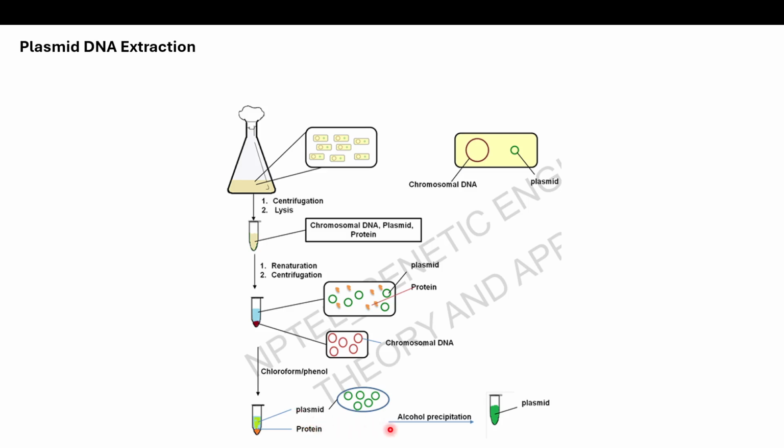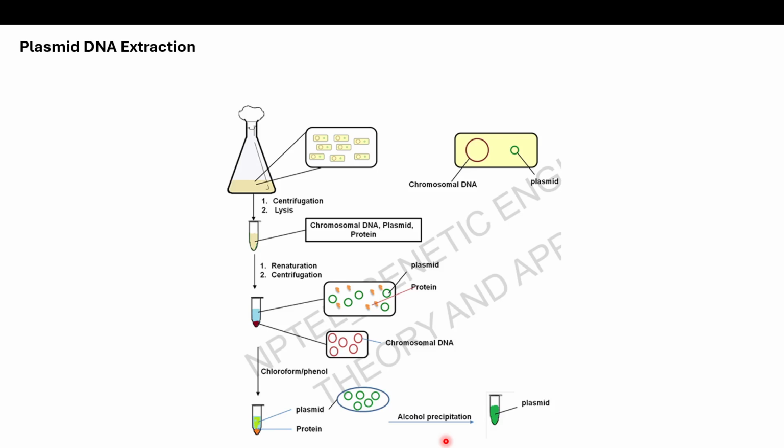Then precipitate out the plasmid DNA using alcohol, which disrupts its interaction with the solvent, or its interaction with the silica also.